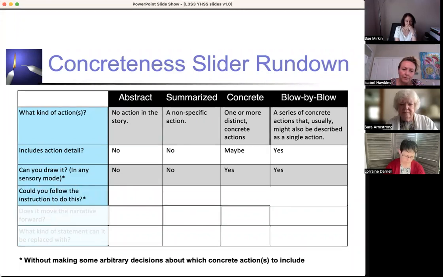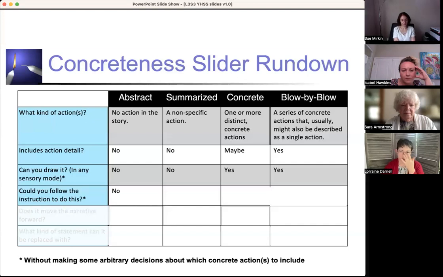Could you follow the instructions to do something without making arbitrary decisions about which actions to include? So this is just another way of approaching the can-you-draw-it question. So if I said, do this as an instruction, could you follow the instruction to do it?